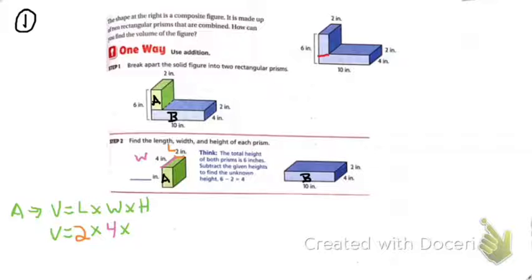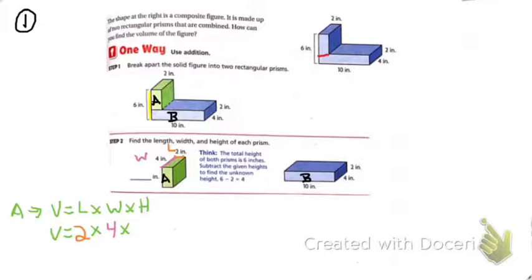The only problem is it doesn't tell me what the height is. I don't see on any of the sections of this green rectangular prism what the height is. So let's look at the figure back above it, the actual composite figure that we got in step number 1, where A is green on top and B is blue on the bottom. And in that composite figure, I see on this left side a line, I just labeled it in yellow.